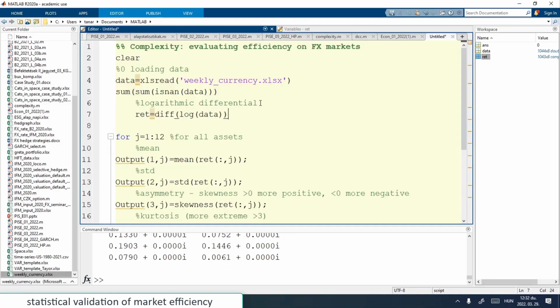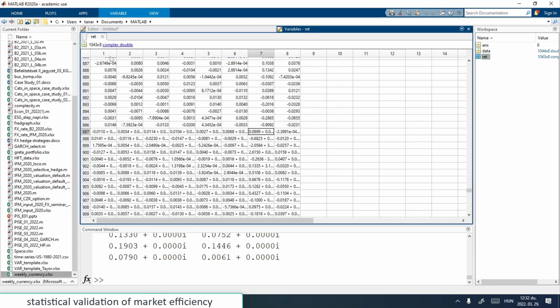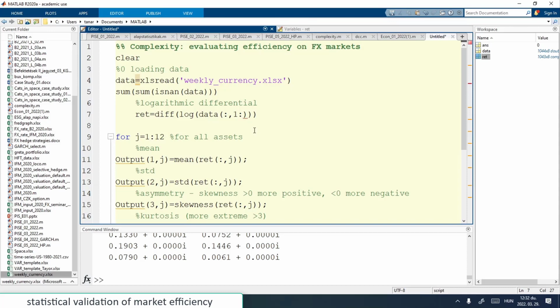But today we are analyzing currencies, so let's select all rows and columns 1 till, how many columns did we have? 6, so 6 currencies are in our menu.